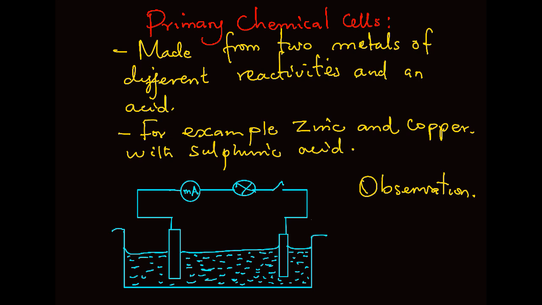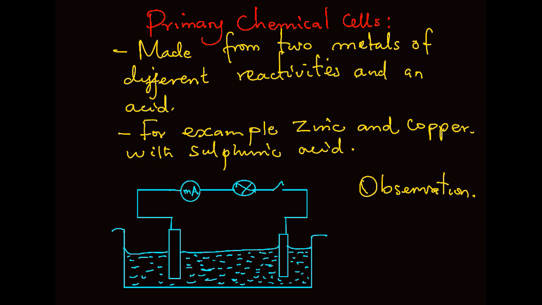Primary chemical cells are made from metals of different reactivities. Remember, chemical cells produce electricity by means of chemical reaction. So we need two cells in order to construct a simple primary cell. We need two metal plates of different reactivities and an acid.